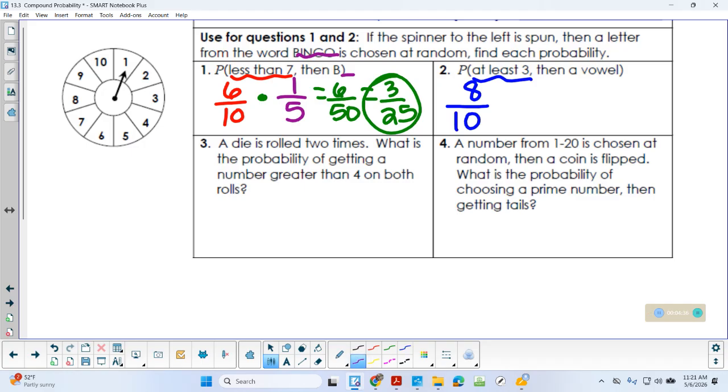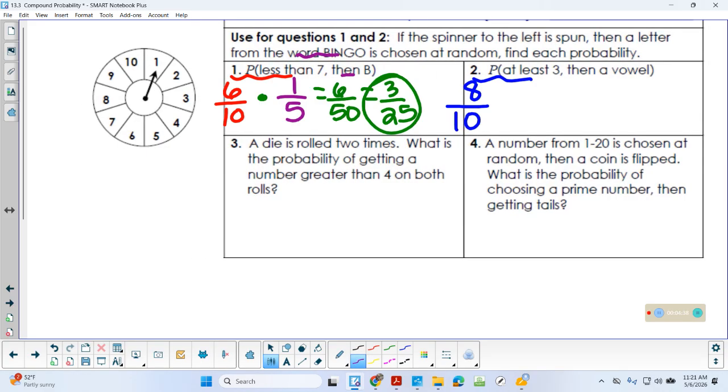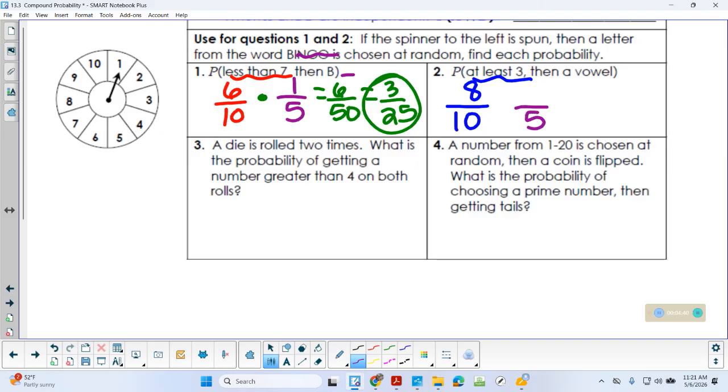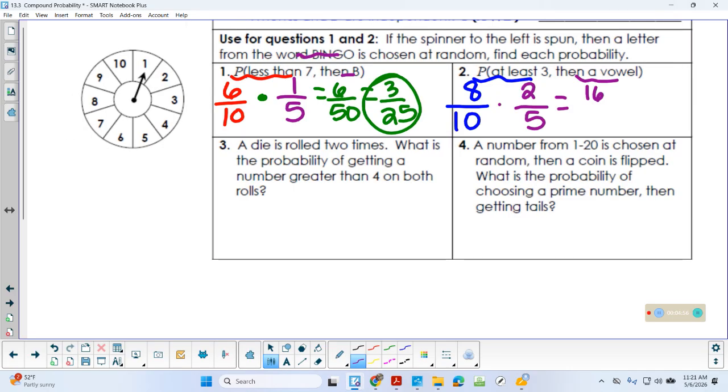All right, now I'm going to do my word bingo. We said there's 5 letters in the word bingo. Do we know what our vowels are? I hope, right? What are the vowels? Perfect. How many vowels are in the word bingo? 2. All right, we're going to multiply. So we're going to have 16 on the top, 50 on the bottom. And of course, I just reduced it down to 8 over 25.